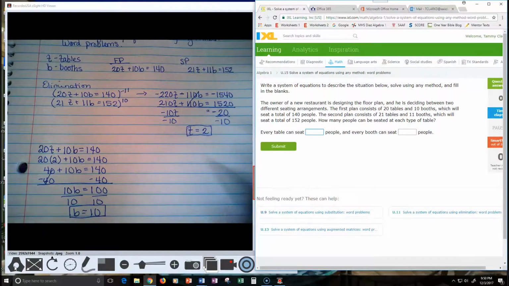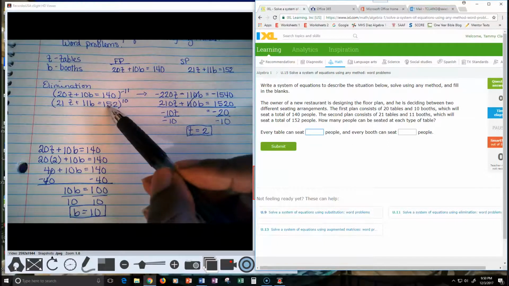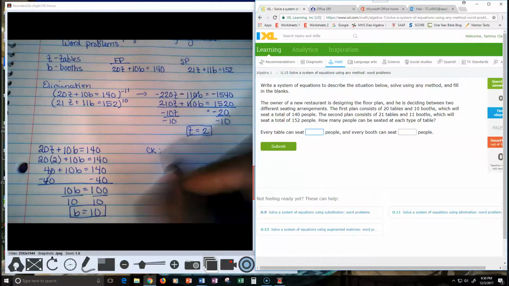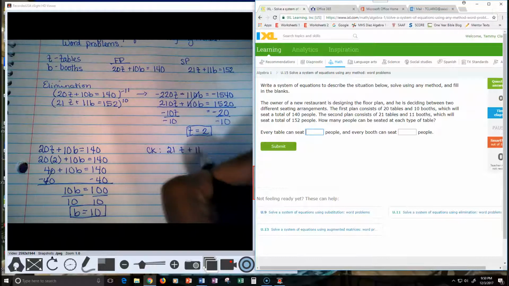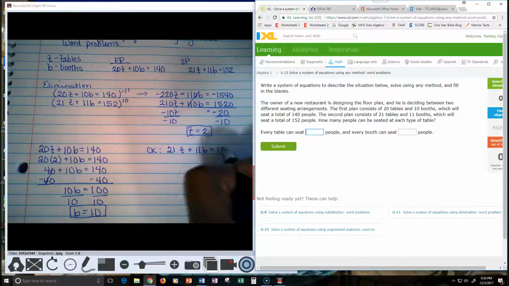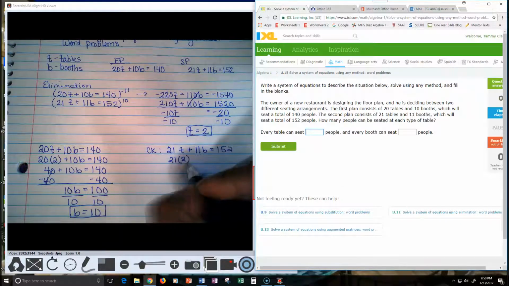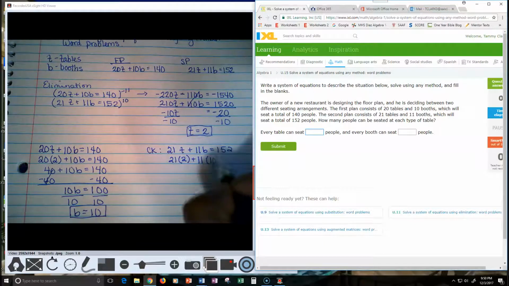Now again, we always want to check, so I'm going to use the second equation to see if my math is correct. 21T plus 11B equals 152. So 21 tables times 2 people at each table plus 11 booths times 10 people at each booth.